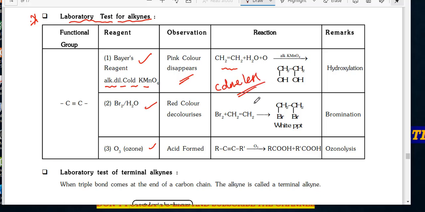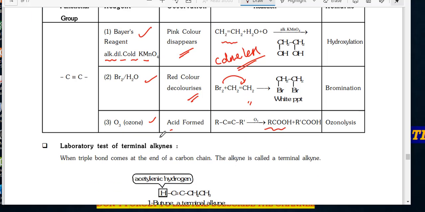If it becomes colorless, it means it is an unsaturated compound. Similarly, bromine water appears red in color. It is also consumed, so it becomes colorless. So an unsaturated compound is present. In case of ozonolysis, it gives acids, and this acid gives the litmus test. That's why we can easily identify whether it is saturated or unsaturated.